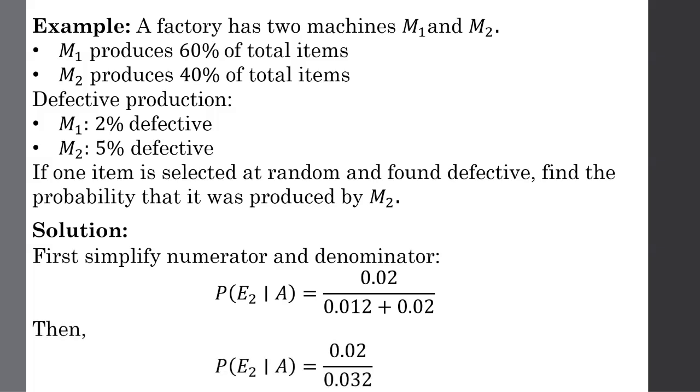So the denominator becomes 0.032. Finally, dividing 0.02 by 0.032 gives 0.625. Therefore, the probability that a defective item came from machine M2 is 62.5%. Notice that although machine M2 produced fewer items, its higher defect rate increased the posterior probability.